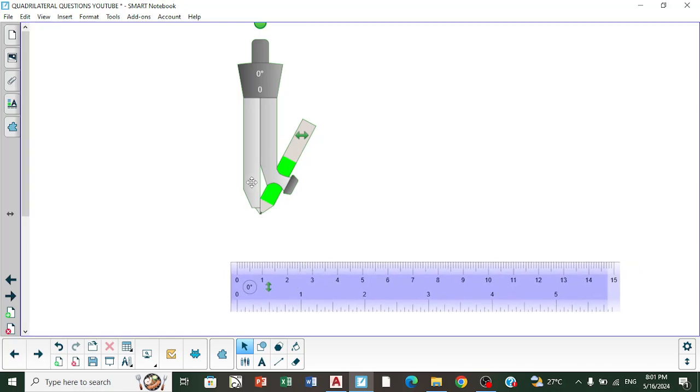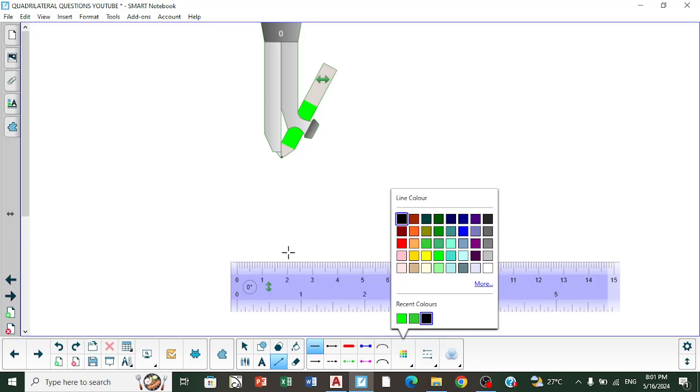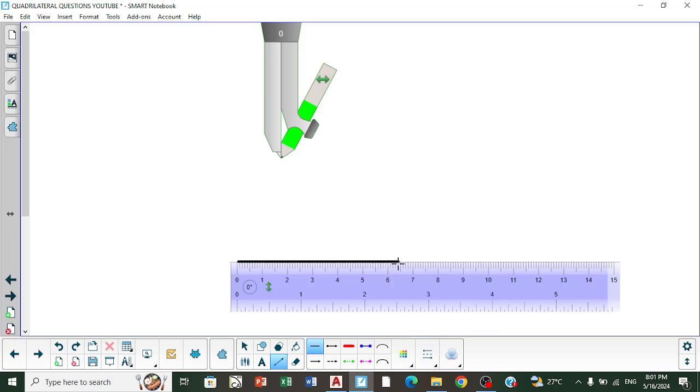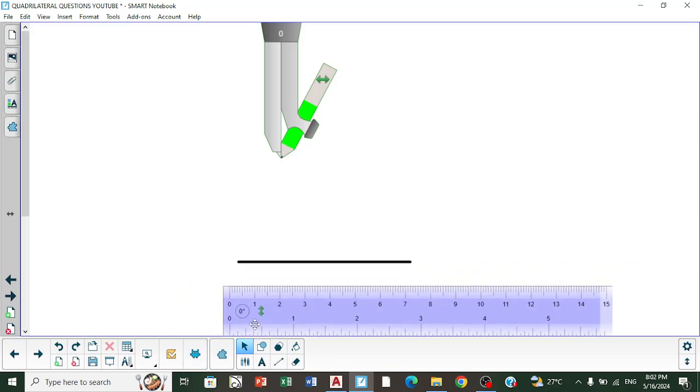So the base of my rhombus is 70 millimeters. The base. It has a sloping magnitude of 60 degrees.